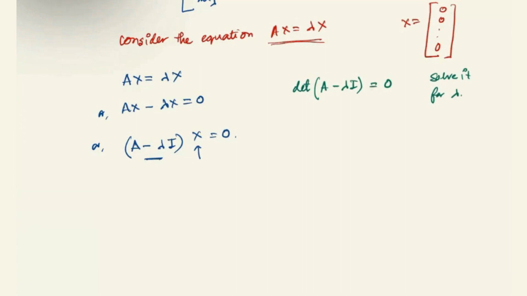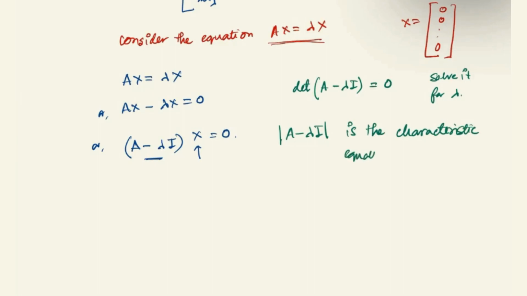Actually this is called the characteristic equation. Determinant of A minus lambda I is the characteristic equation of a matrix.